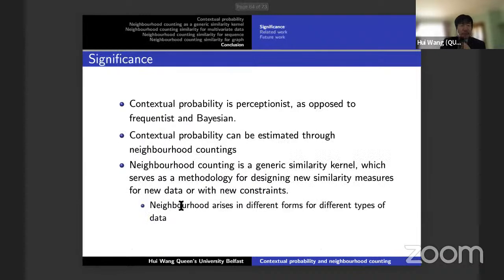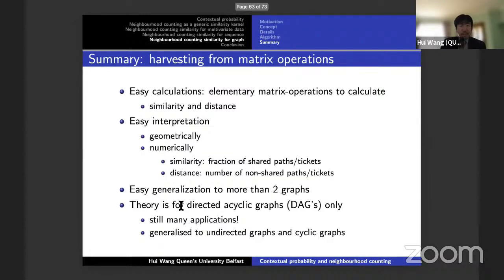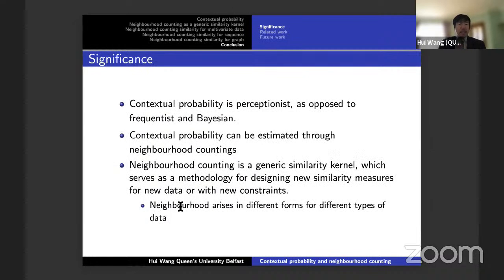Now it is time to draw a conclusion. The contextual probability is perceptionist as opposed to frequentist. I have explained what I meant by perceptionist. The contextual probability can be estimated through neighborhood counting.